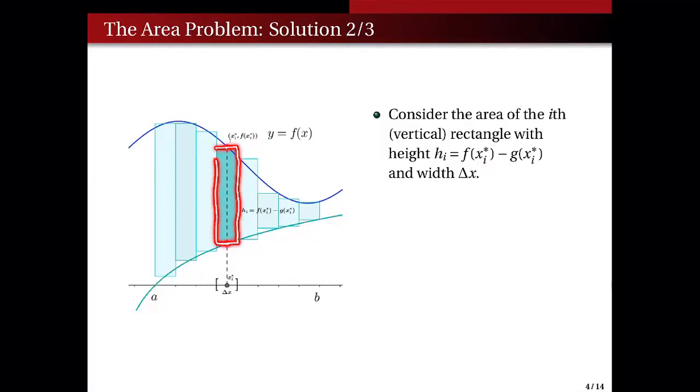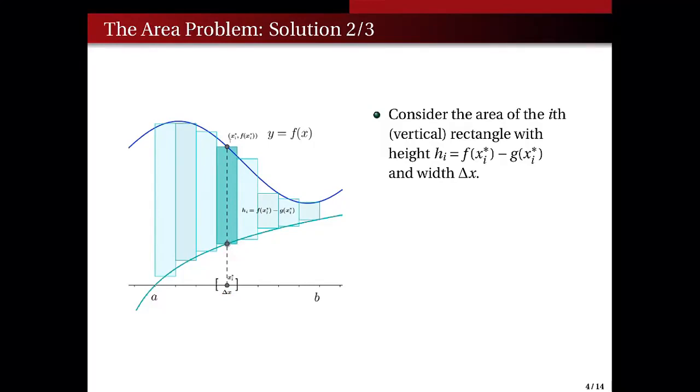The height is the difference f of x sub i star minus g of x sub i star, and the width of this rectangle is equal to delta x.